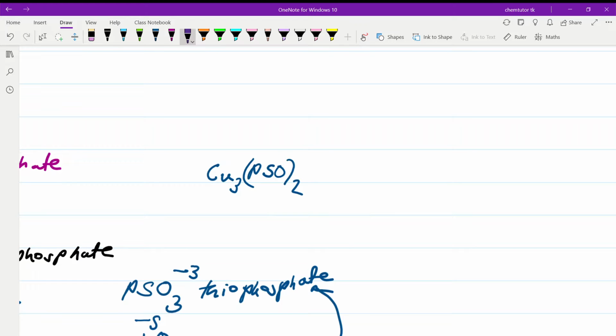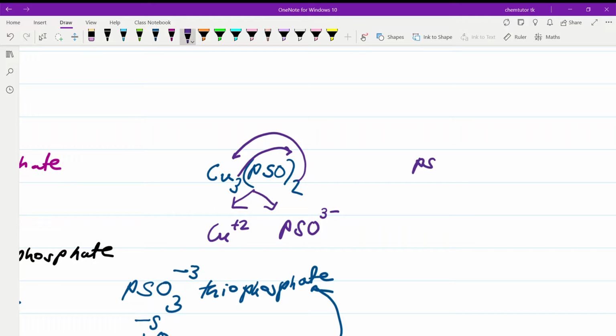First thing, we will separate the cation and anion. You all know this goes here and this goes here, reverse crisscross. So Cu2 plus and then PSO3 minus. Still it is confusing. Is it a sulfate or a phosphate? But there is a 3 minus charge, so it is not a sulfate derivative. It is a phosphate derivative.